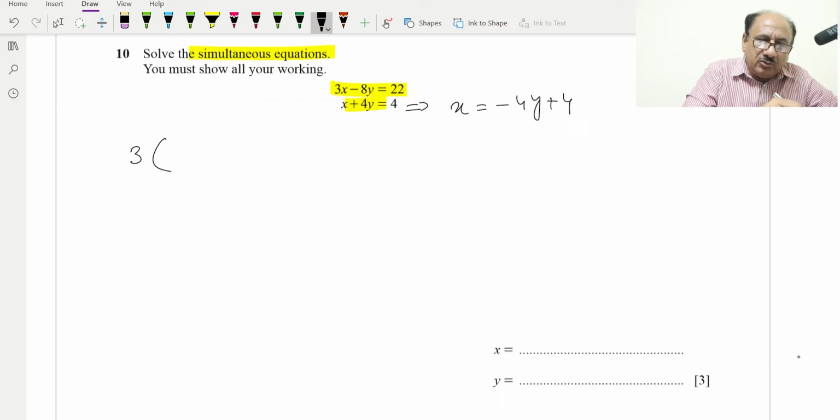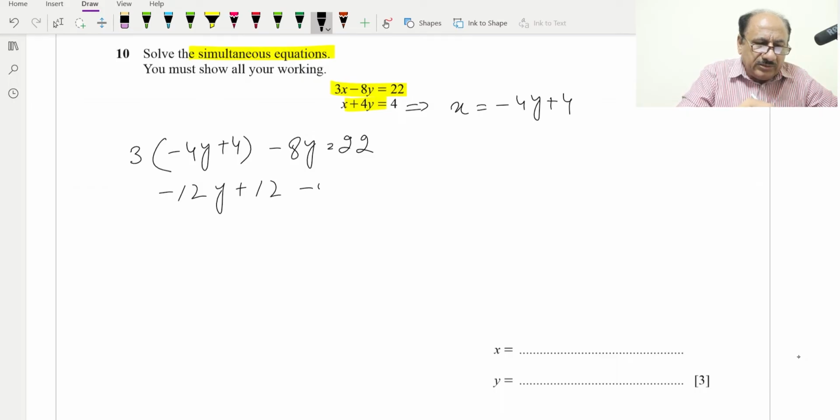So 3 into the x value, minus 4y plus 4, and minus 8y is equal to 22. This will be minus 12, opening brackets, minus 12y plus 12 minus 8y is equal to 22.